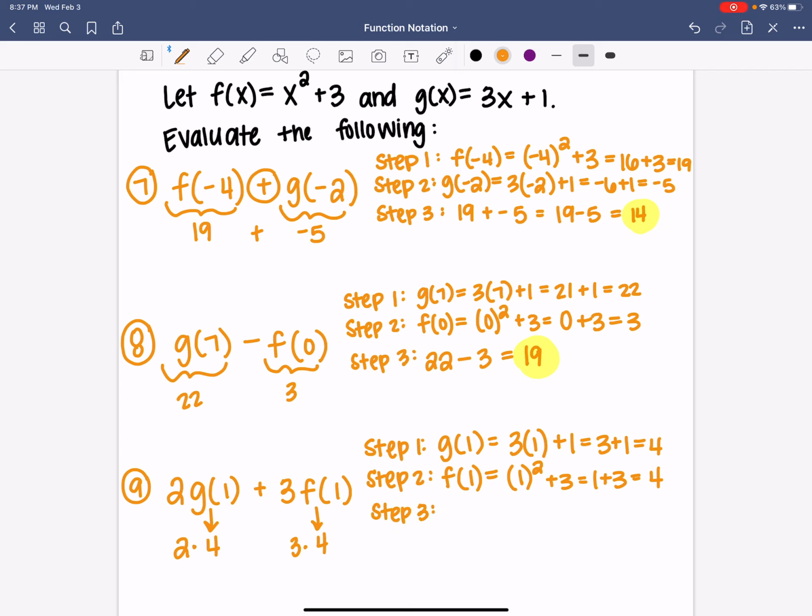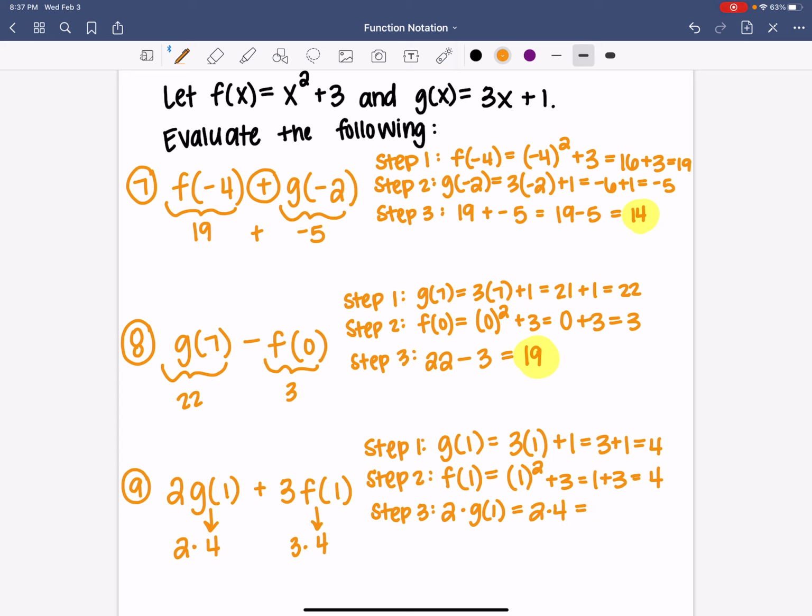So our step 3, this time we are going to add together 2 times g of 1 plus 3 times f of 1. So in step 3, we're actually going to find 2 times g of 1, which is 2 times 4. We already wrote that down.